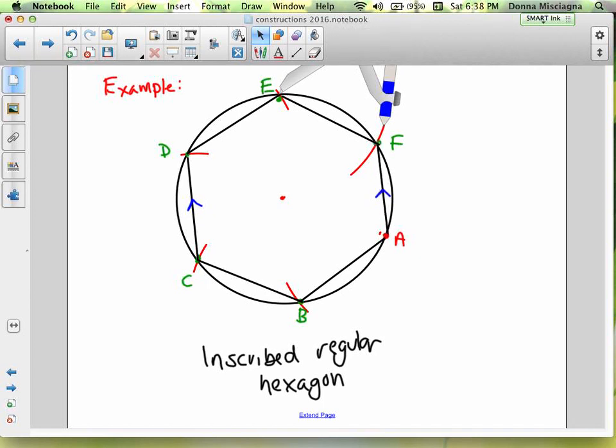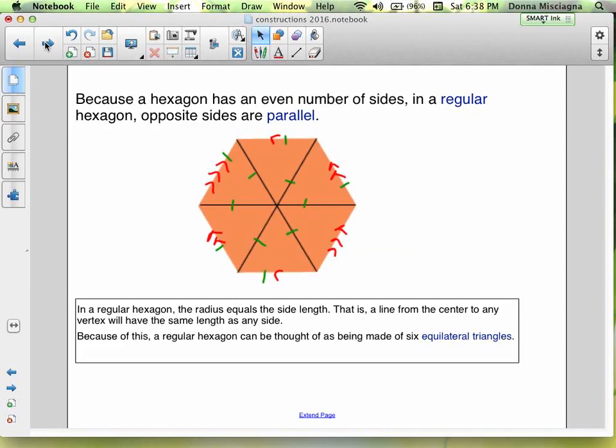Yeah, that looks better. And AB is parallel to DF, and CB is parallel to EF. So you notice that when I have a different pair of parallel lines, I have to use a different number of those little arrows. Right? So some information about that particular hexagon.